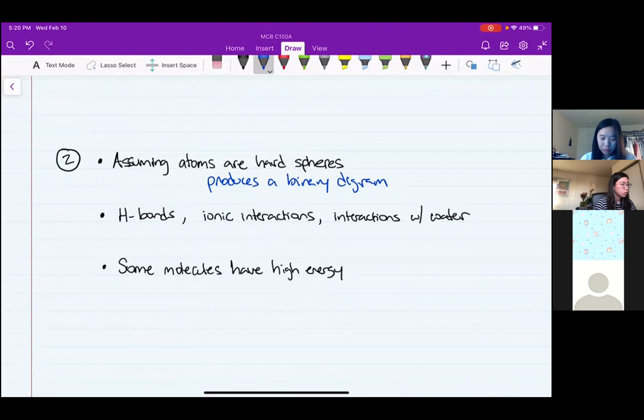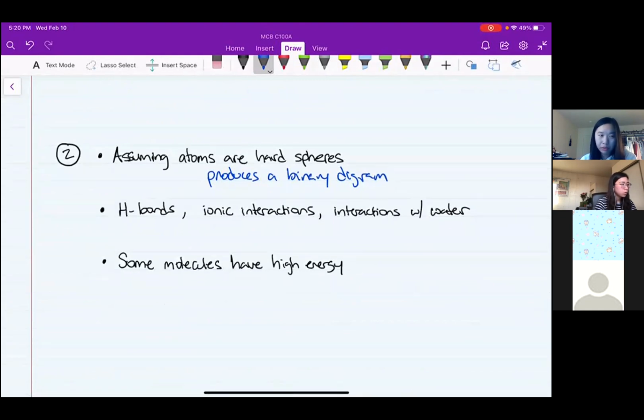And then moreover, your molecules aren't at fixed energy. At any given point in time, they have a certain probability of having a certain energy, and that probability is given by the Boltzmann distribution. Some molecules will have higher energy than others.